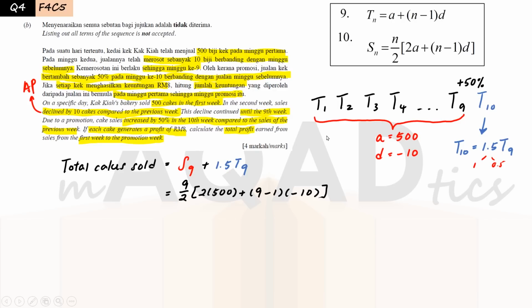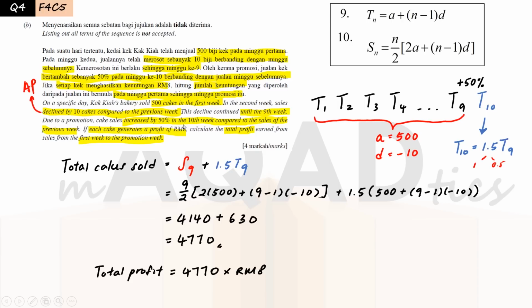Alright, and for next one is 1.5 times the value of A, which is 500, and here is 9, so it's 9 minus 1, and D here is negative 10, and once we put this into calculator, we can find out our value is 4770 cakes. Alright, so now for each cake there's a profit of RM8, so the total profit would be this value multiplied with the RM8, and we will get the total profit.